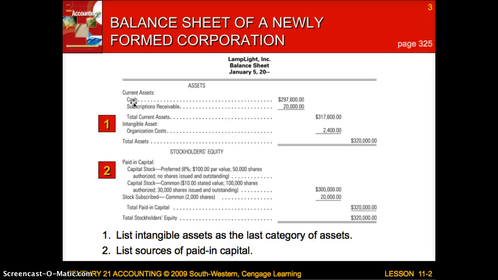So that would be that $297,600. Okay, we'll add that $20,000 in subscriptions receivable to give us our total current assets of $317,600. We'll add those organizational costs of $2,400 back in, because that is a value to our company, and we're going to get back to $320,000.